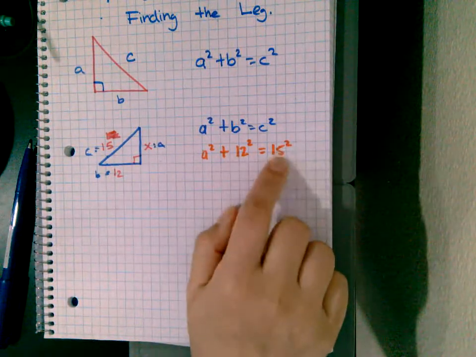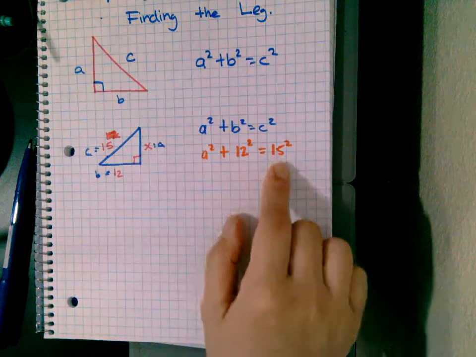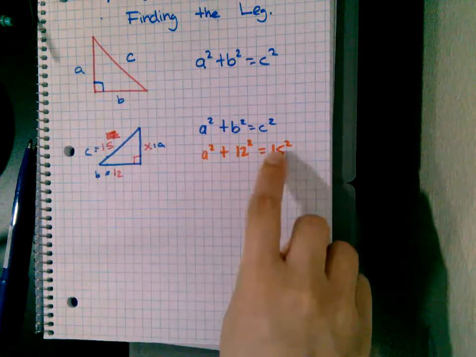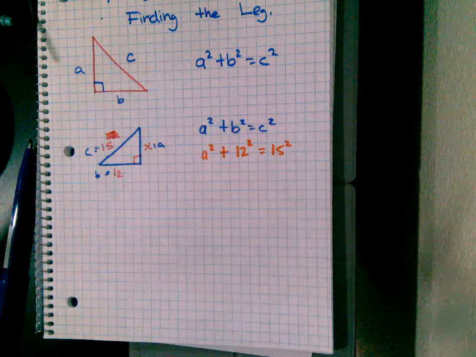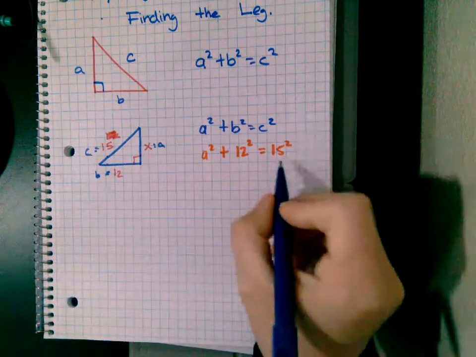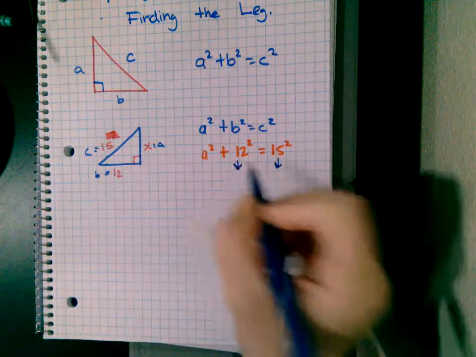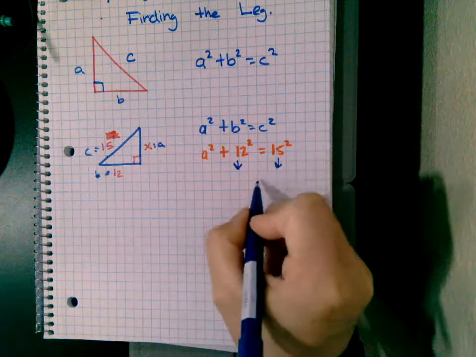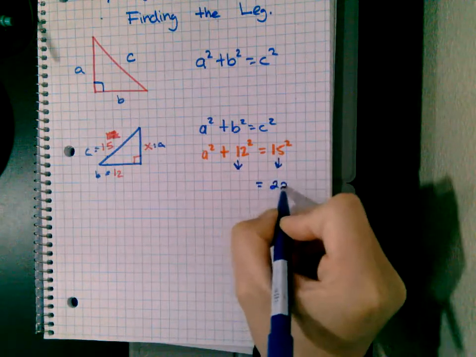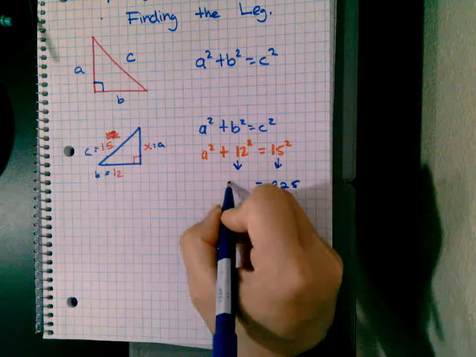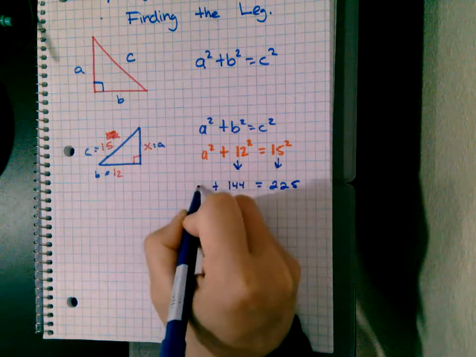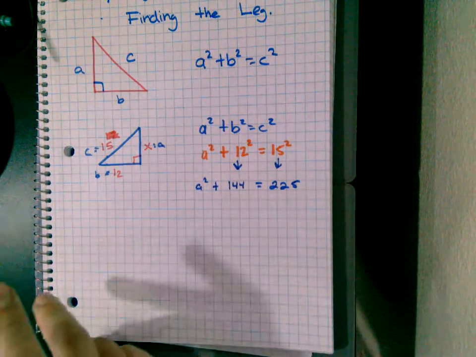So now I do know what C is. It's a little different than last week. Same thing as last week, you're going to first do the squares. So 15 squared is 225, 12 squared is 144, plus A squared.